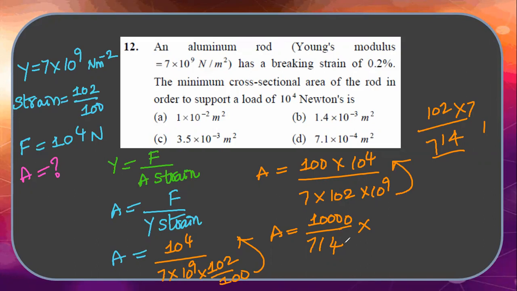Seven into 10 power 9 is fine, 102, this 100, then 10 power 4. In a simple way, otherwise this is becoming a lengthy calculation. Up to here it's okay. I'm writing the last steps.